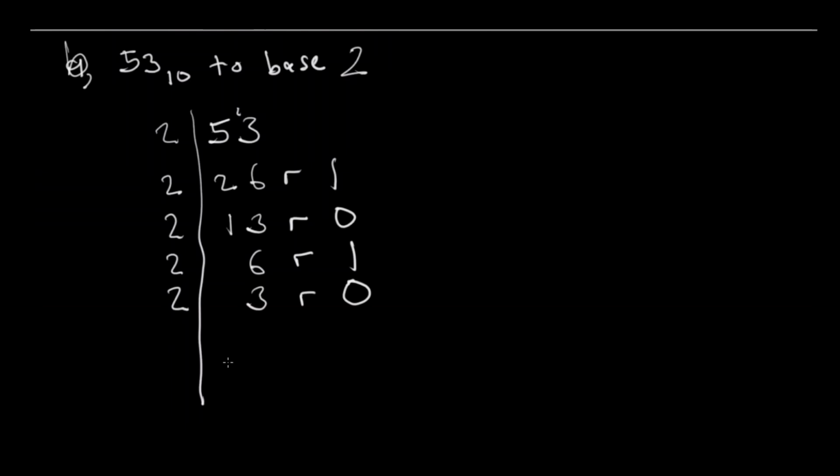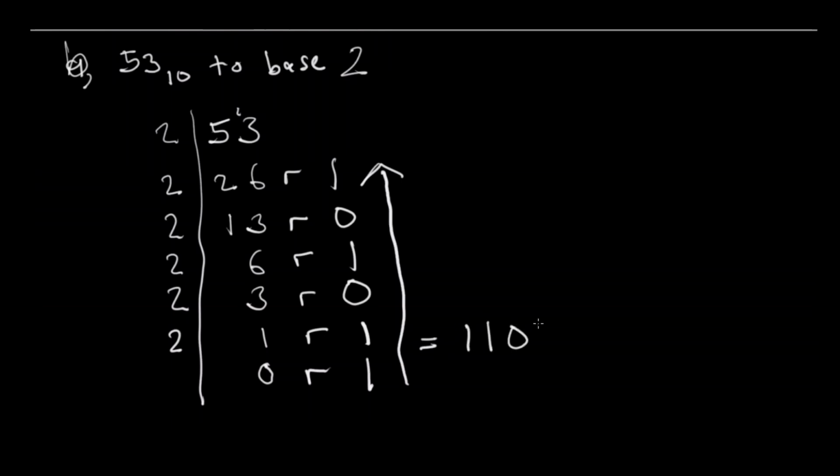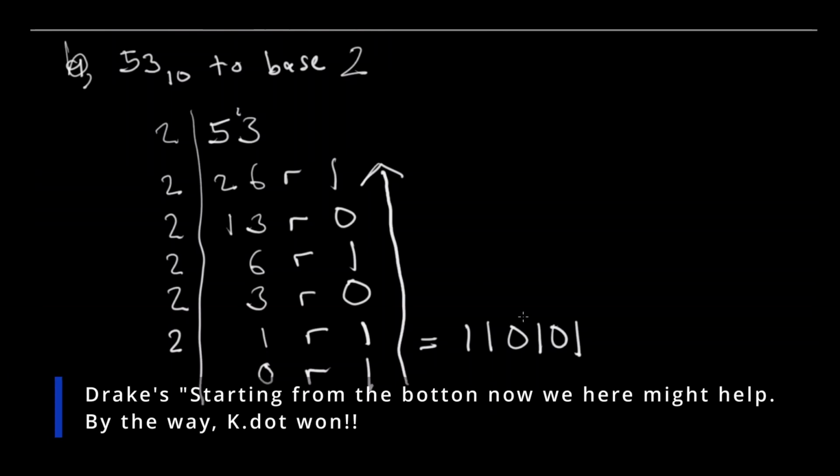And 2 into 3, it's 1, remainder 1. Then 2 into 1, it's 0, remainder 1. Trickle upwards. Our answer is, we start from the bottom, remember, 1 1 0 1 0 1. Remember it when you are doing number bases, that will help you.